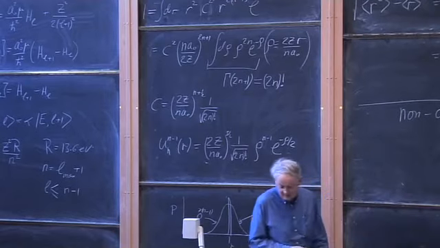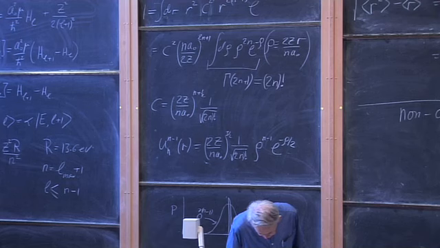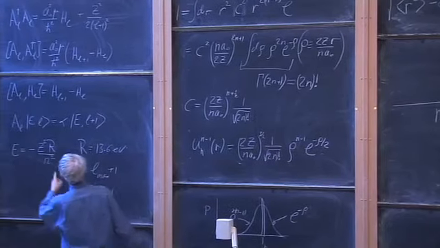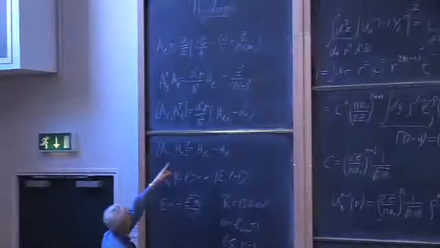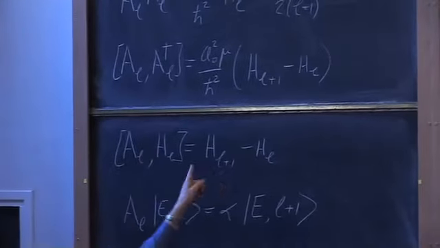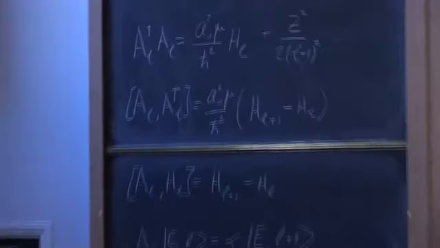But this has to be done in a slightly subtle manner. Okay, so let's look at a formula that we have here somewhere. Let's look at this formula here. AL AL dagger is equal to the difference of h's. So let me write that down with L reduced by 1.